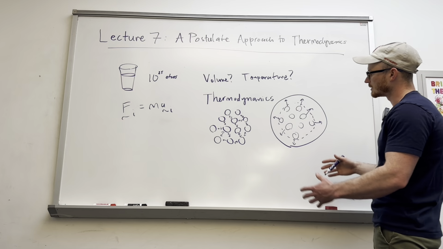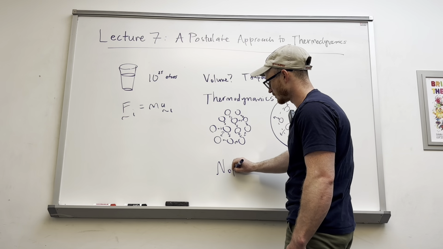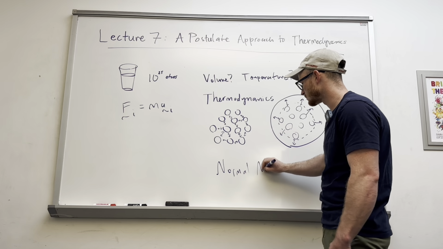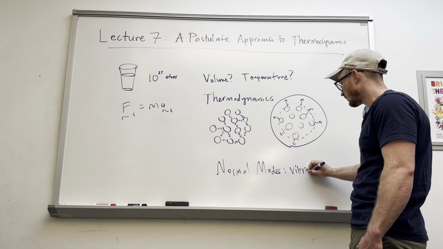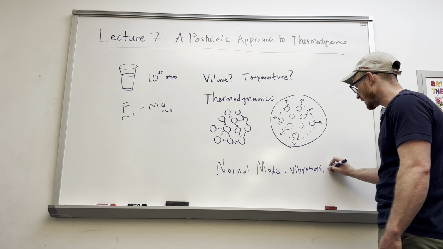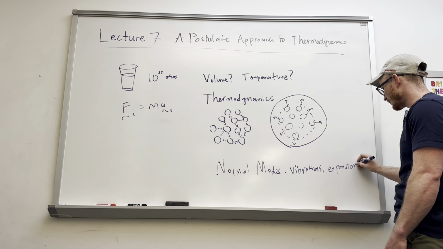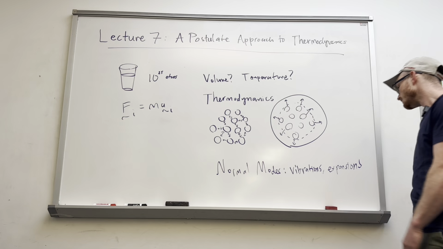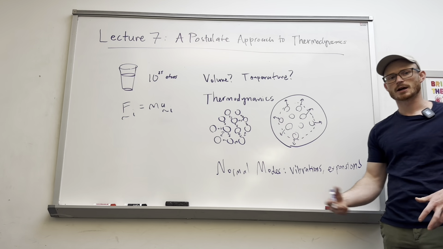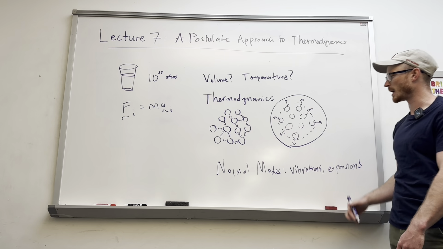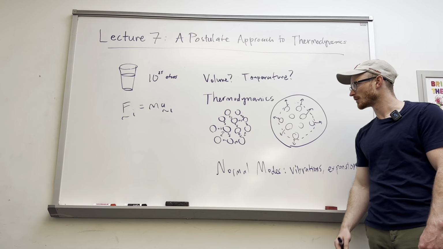Well, ways in which the particles move like this are referred to as normal modes. These are normal modes. Some examples: vibrations, expansions, and of course collapsing. So expanding in the other direction, inward, right? You may have molecules and atoms that reorient or rotate. You may have some sort of collective behavior or just vibrational behavior.